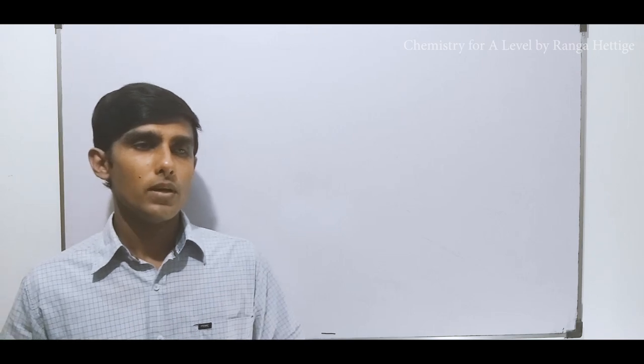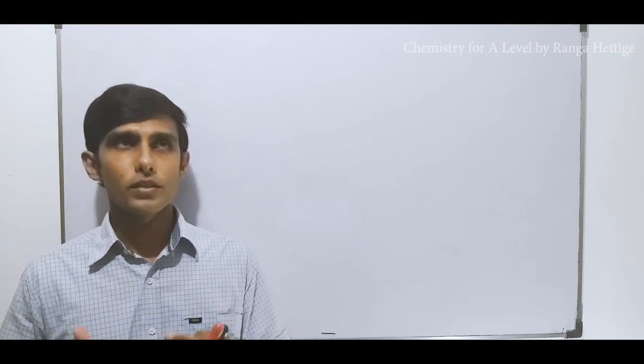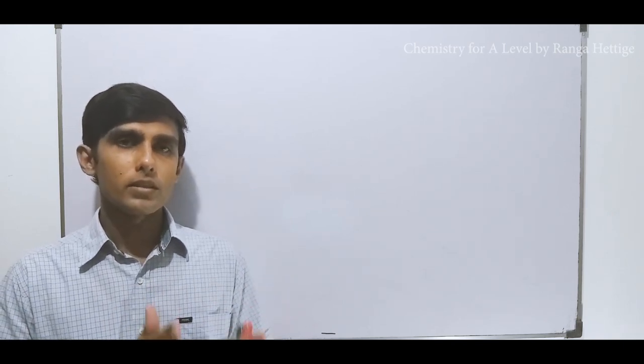Before we write the electron configuration of atoms, we must know there are three principles which govern the electronic configuration. In other words, we write electron configurations of atoms following three principles.